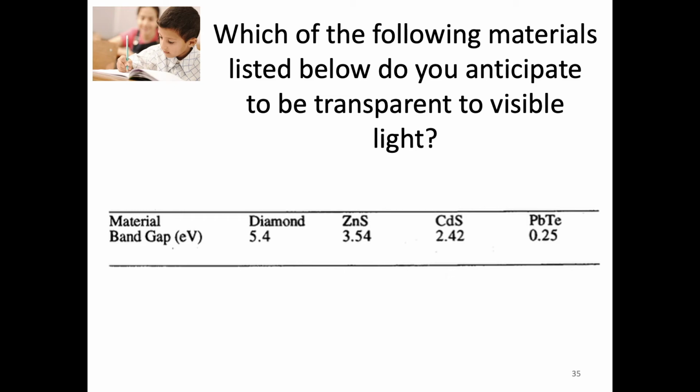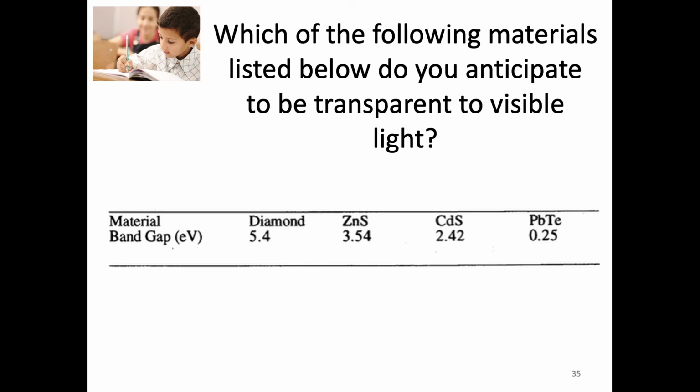These two materials have band gaps larger than visible light, and therefore they're clear, because light doesn't have enough energy to promote electrons. Whereas the other two here, 0.25 is a very low band gap, so visible light has enough energy to cause absorption and promote an electron. Same thing with cadmium sulfide. It's very close, but it has a lower energy than that 3 eV, right?